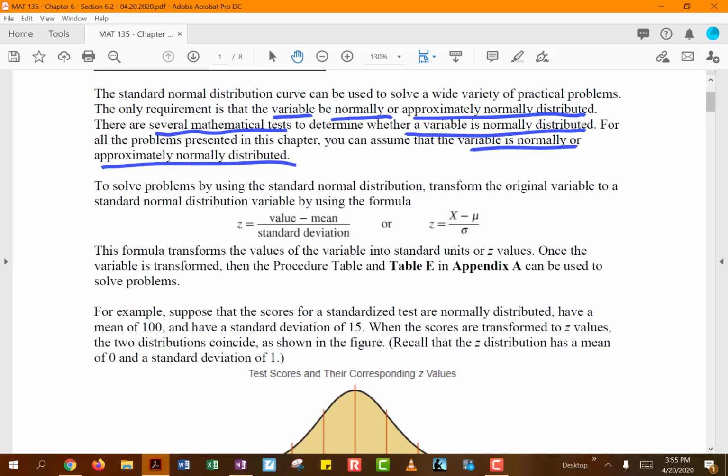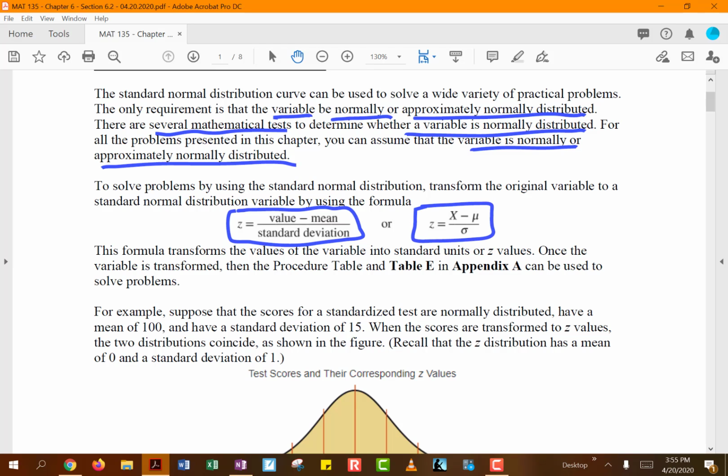Okay, so the one thing we are going to need to do is we will need to transform our original variable into the standard normal distribution. And you will see this as we go through our example. So we'll need to take our original data value and convert it into a z-score. You can do that by using this formula over here, or you can look at it in this form.